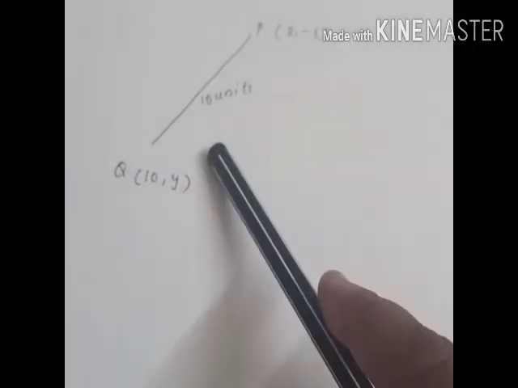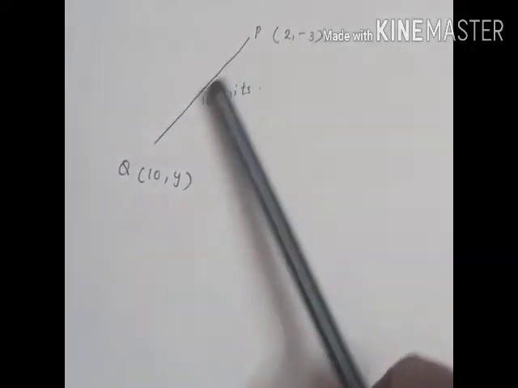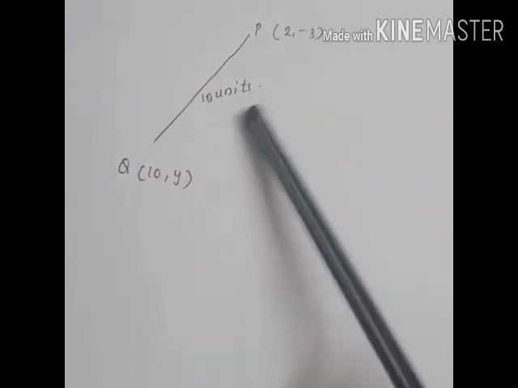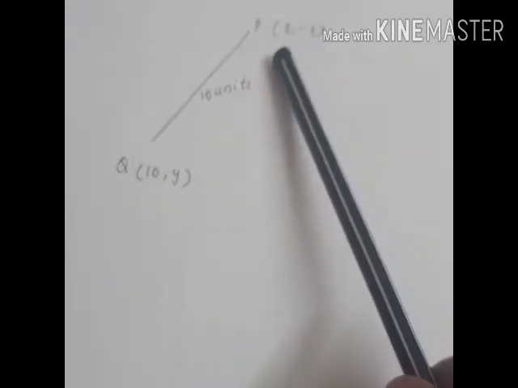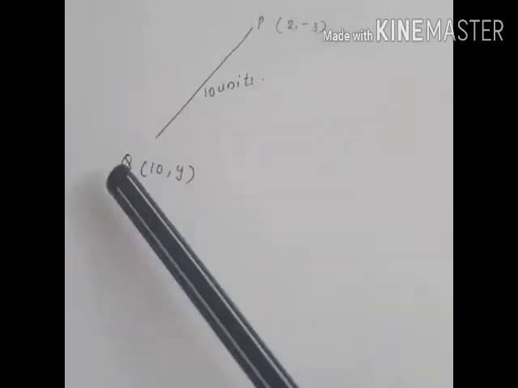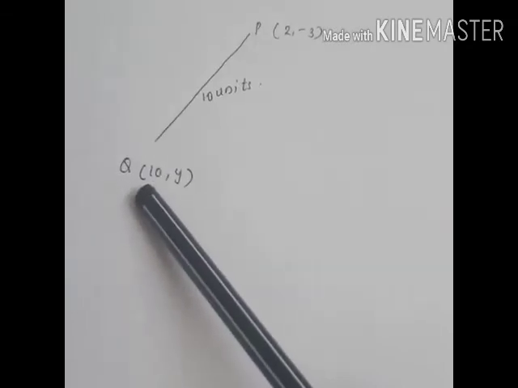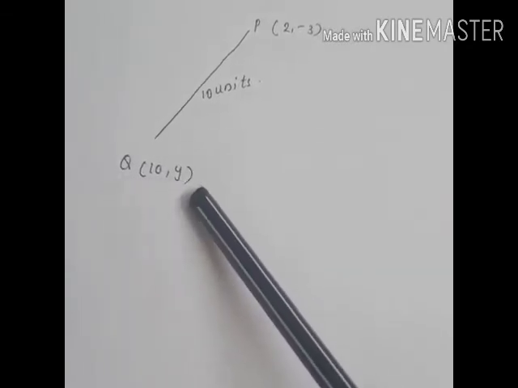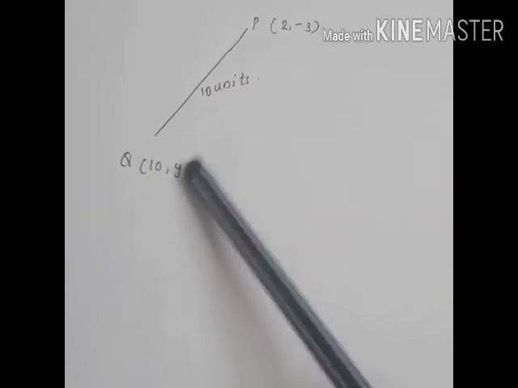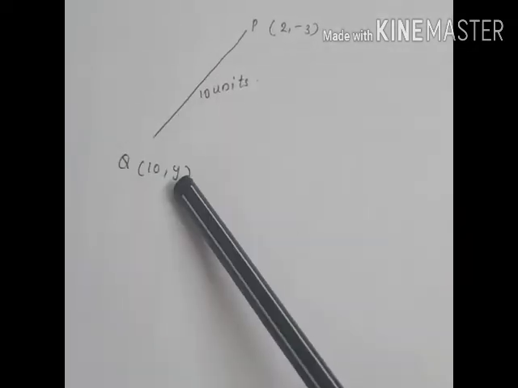According to the question, the distance between these 2 points P and Q is given as 10 units. The coordinates of P are 2, -3 and the coordinates of Q are 10, y. Here y is the unknown, that value we have to find.